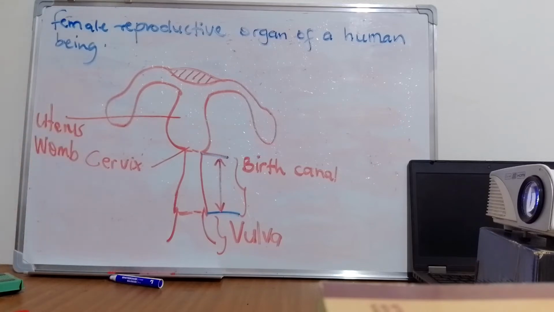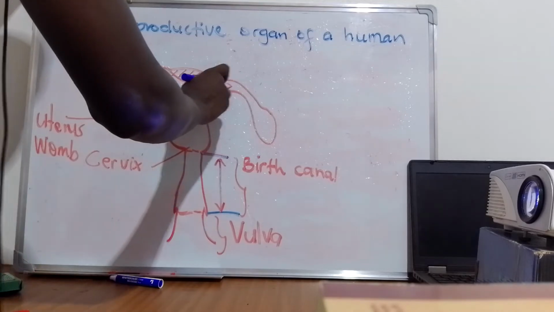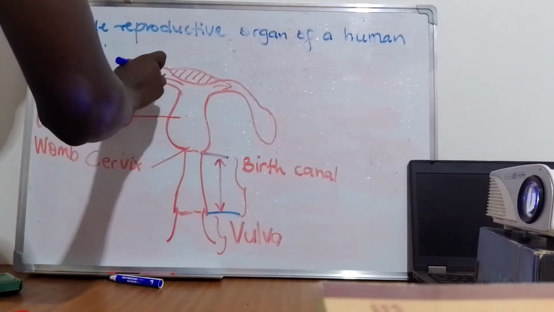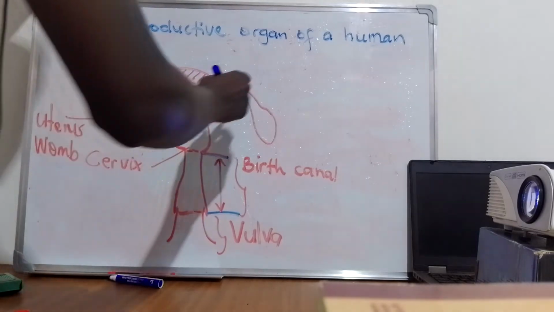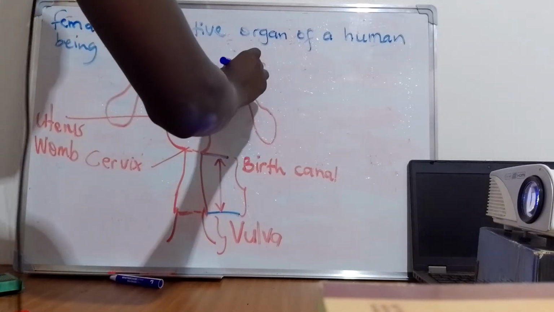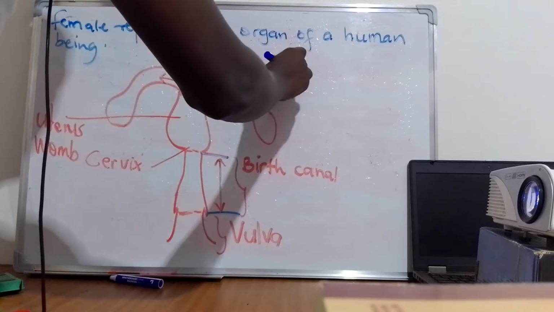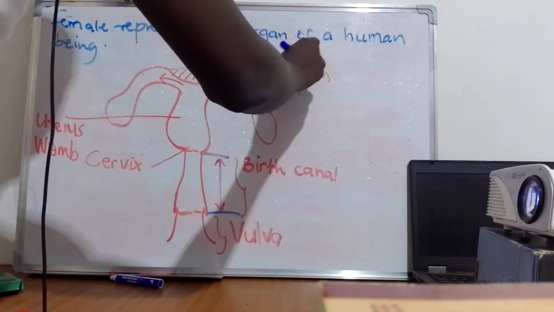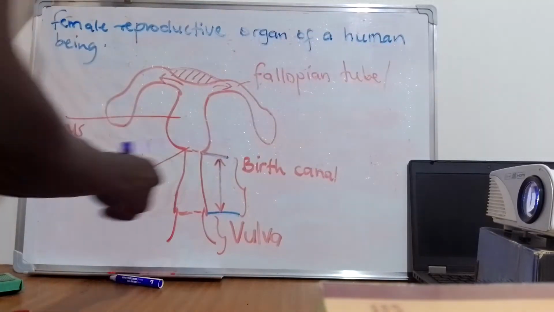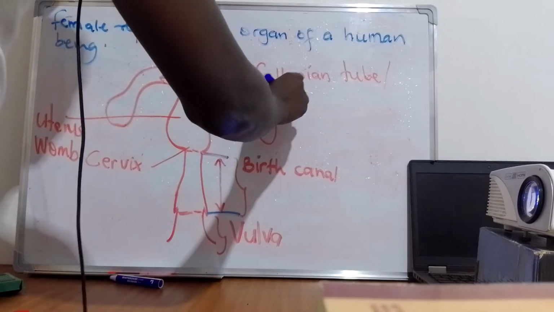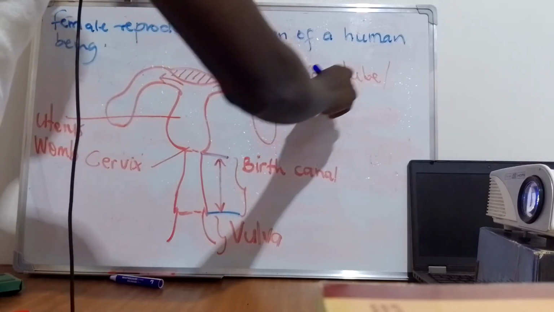When you move up on the left and on the right, here is a tube that we call the fallopian tube, which some other people call the oviduct.